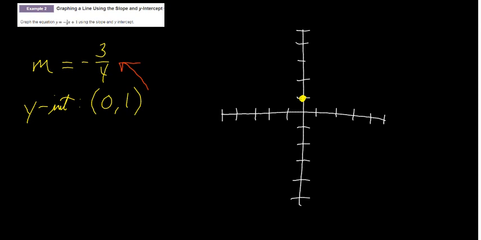Now, last lecture, I very briefly just said, you know, it's rise over run. So let's talk about this for a moment. This slope is negative 3/4. We know that slope is rise over run, correct?